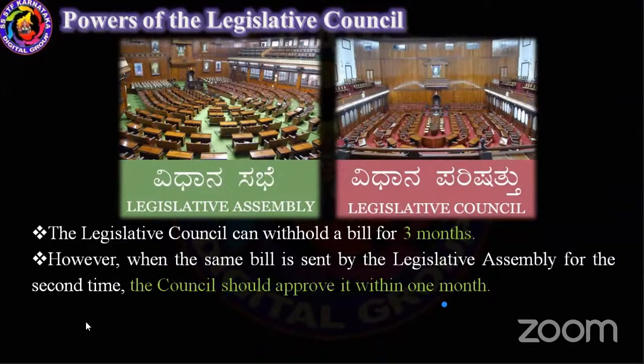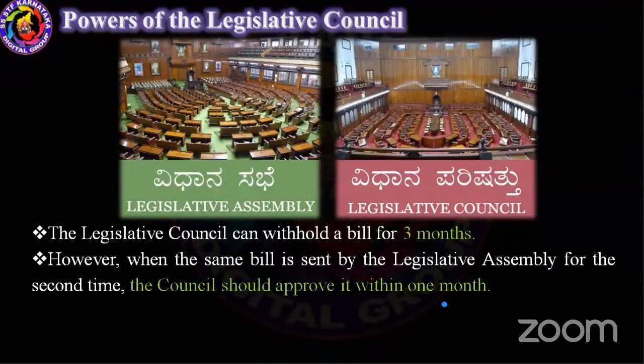Once the legislative council sends it to the legislative assembly, the assembly will discuss the issues, and if necessary, it will modify the bill and again send it to the legislative council. In this situation, within that 1 month, the legislative council should approve the bill.